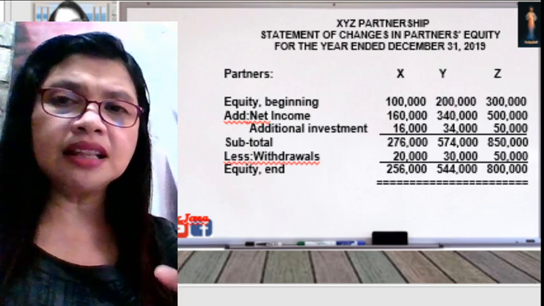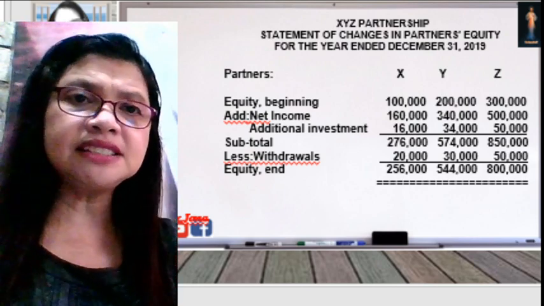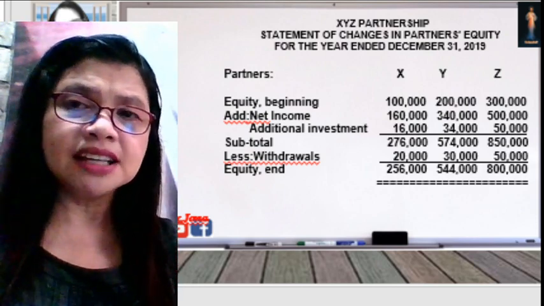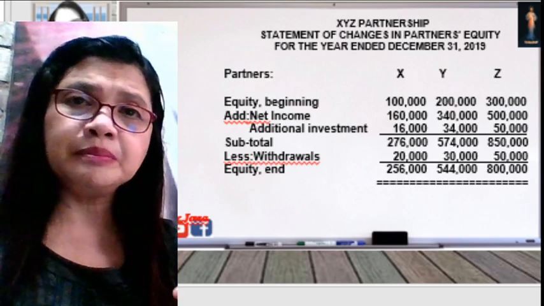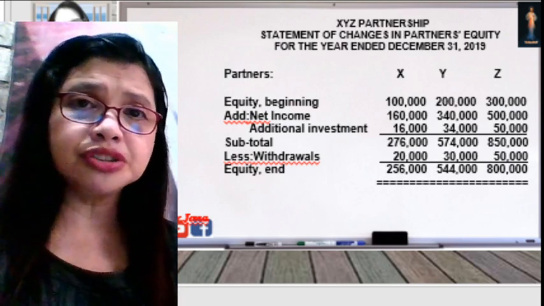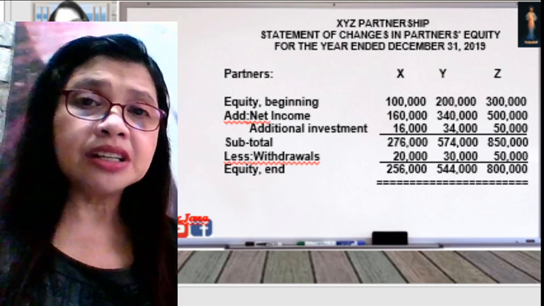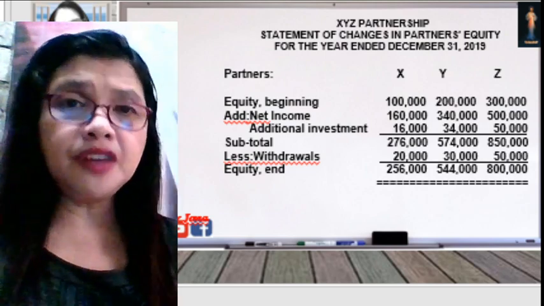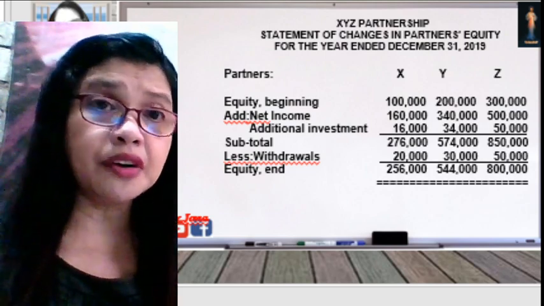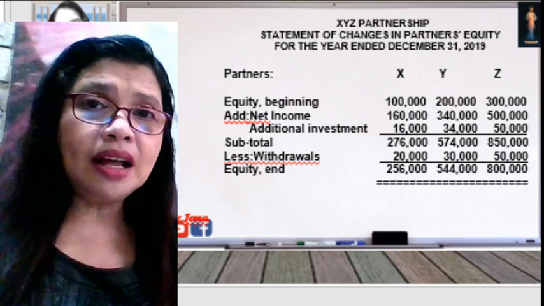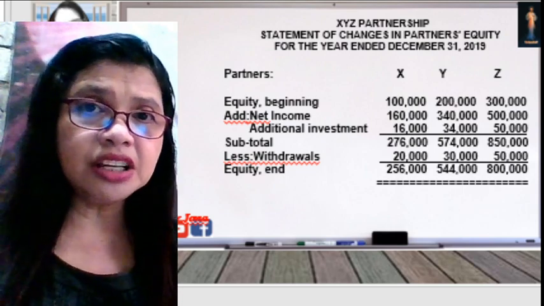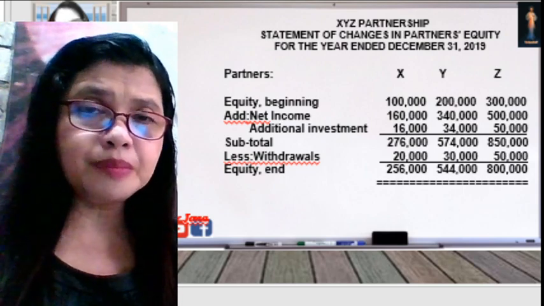If it is stated that the income is divided based on their capital contribution, then you get the capital contribution of each. So 100,000 for X, 200 plus 300 is equal to how much? 1 plus 2 plus 3 is 600.